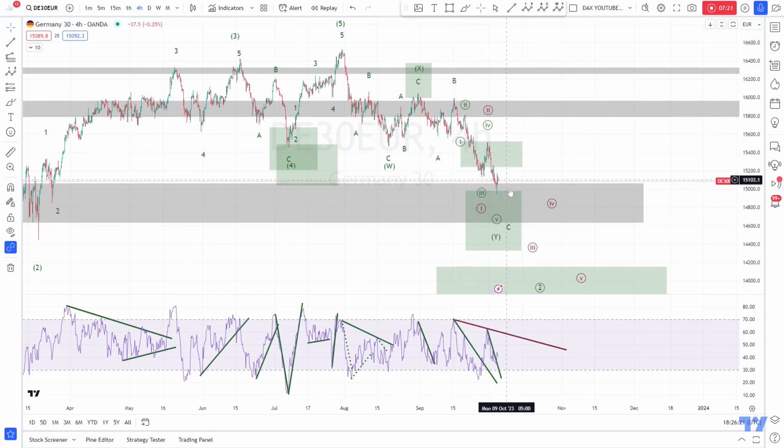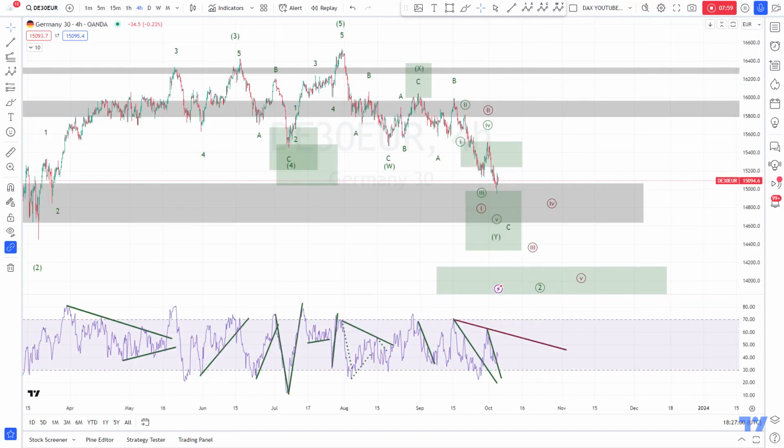If we look at this C wave in the 4-hour, then we actually see a textbook impulse down, like we have our wave 1, 2, and 3. The wave 3 has the deepest RSI reading. We break the RSI trend line in a wave 4, followed by a wave 5, ending with divergence and touching the equal leg area. I would say this is almost perfect. Cannot be any better.